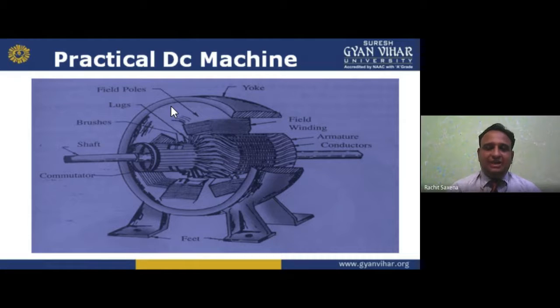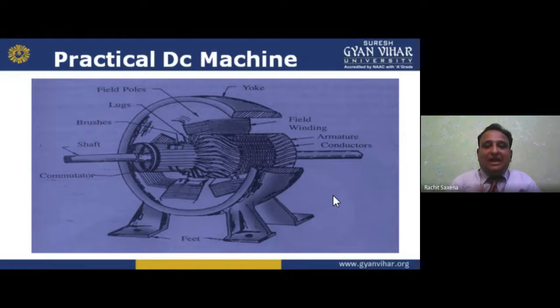I hope you understand. And these are the feet through which we can make a foundation. We can place it on the surface, or on a foundation with the help of these feet, known as legs. Okay, so this is the practical DC machine, how a DC machine looks.